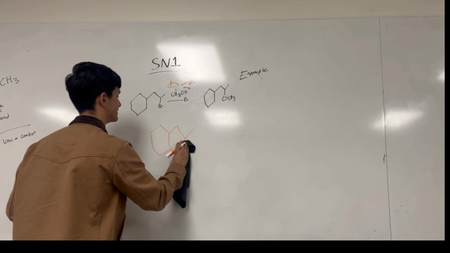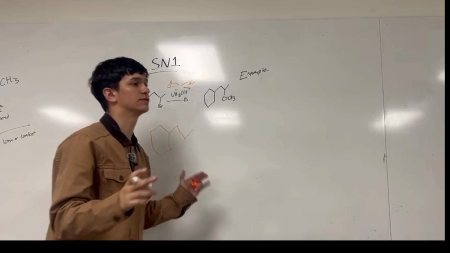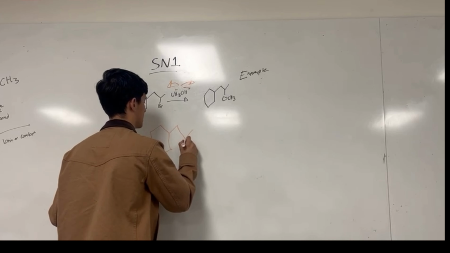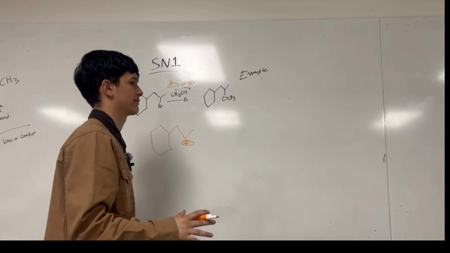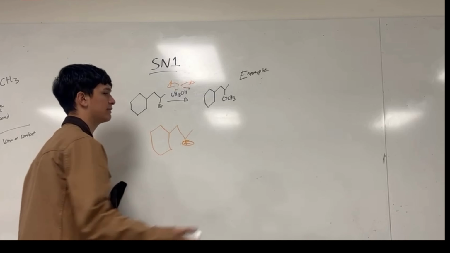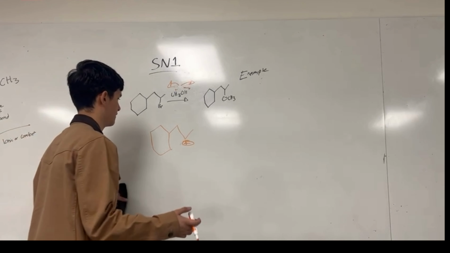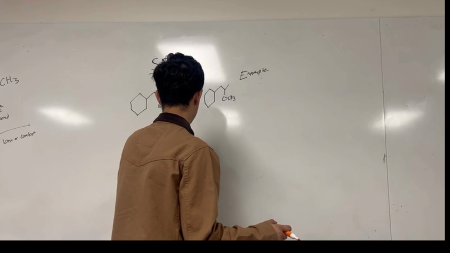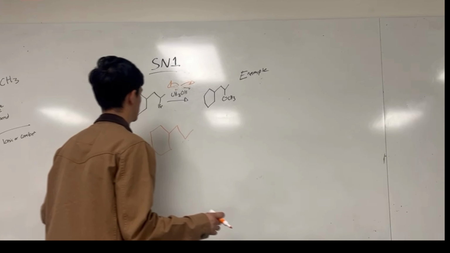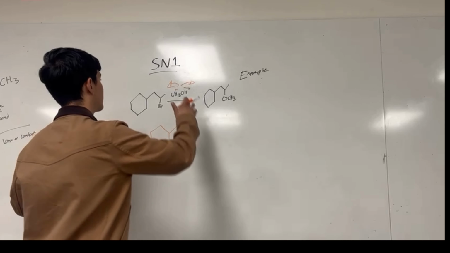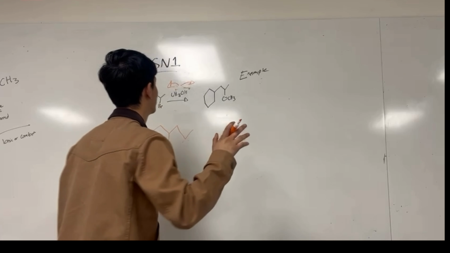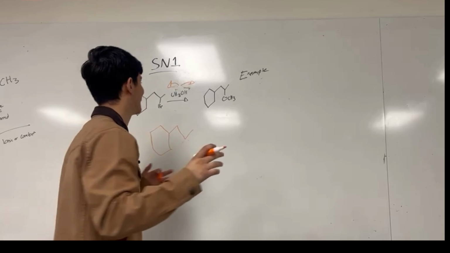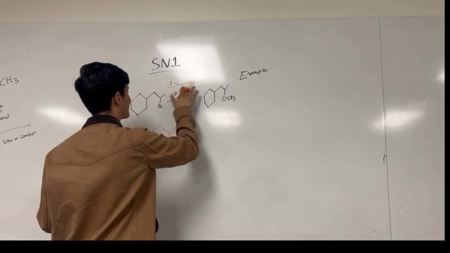So first mistake: SN1 always forms carbocations. They always do. How can it be a carbon anion if it's missing a hydrogen? Why did I put carbon anion? I don't know. Why would this break like this? That's not logical.